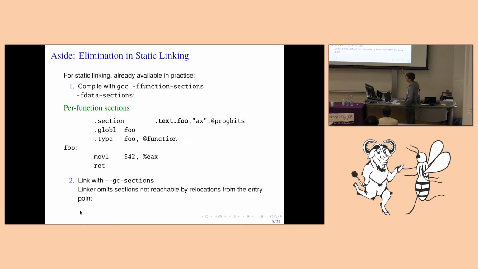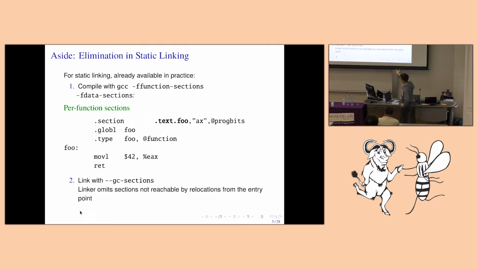By the way, we are only dealing with the ELF format. So instead of having just .text there, we have .text.foo for the function foo. It's needed because the linker only operates in terms of sections, relocations, and symbols. It doesn't actually know about functions.